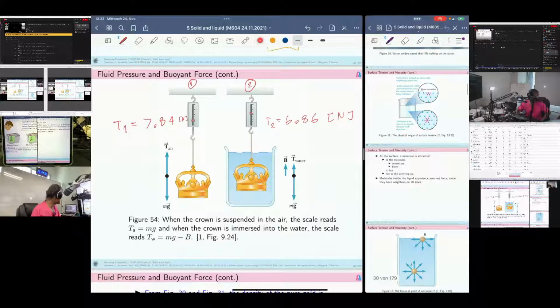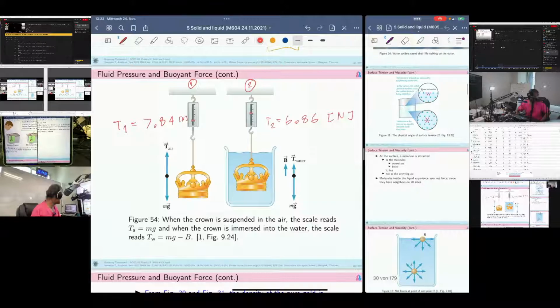Okay, the density of pure gold is 19.3. Of course, the standard unit is kilogram per cubic meter.